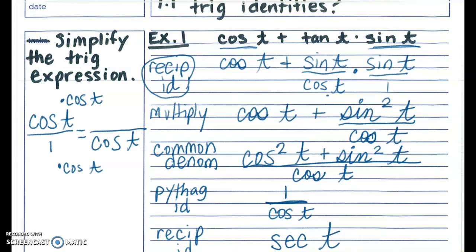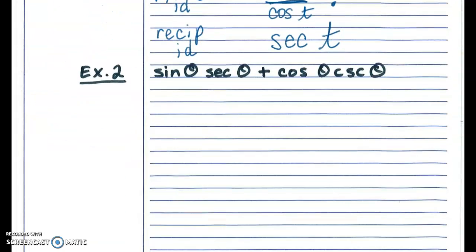Is there anything else you can do to make it simpler? The only thing I see under my reciprocal identities is to go back to what we had up here, and that's going backwards. That's not making it simpler. A fraction is not simpler than a non-fraction. These take practice. Let's move on.